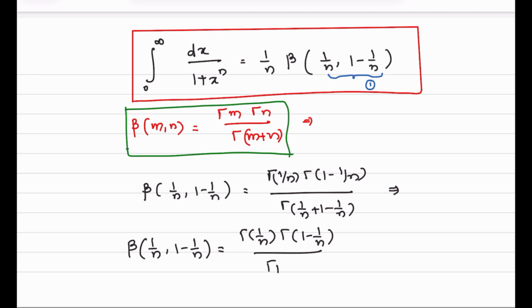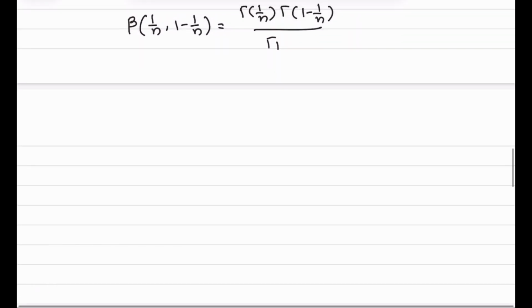What is the value of gamma 1? Gamma 1 is equal to 1. Please remember this also. Now, by applying all these, we will get the answer for beta.